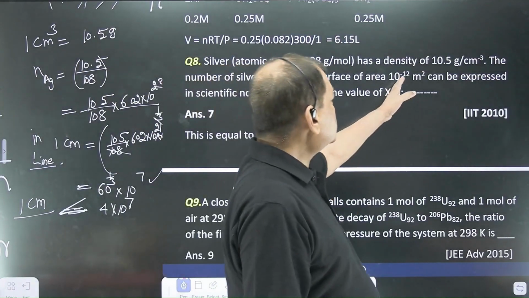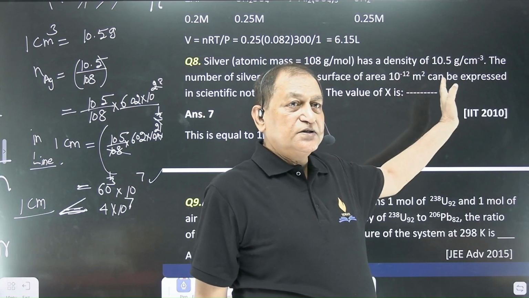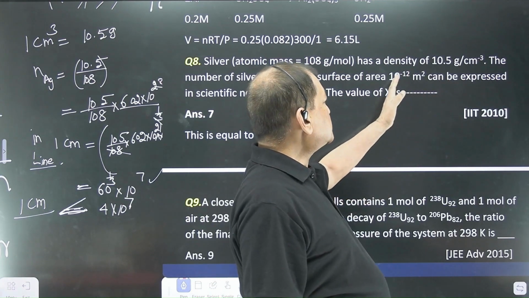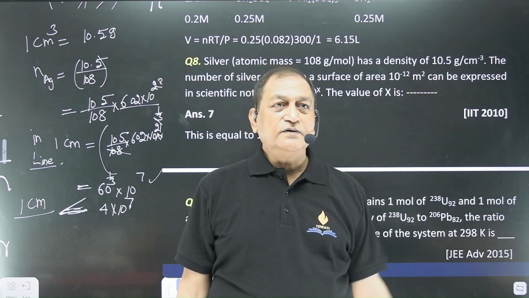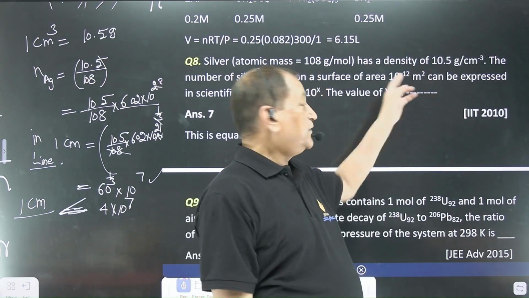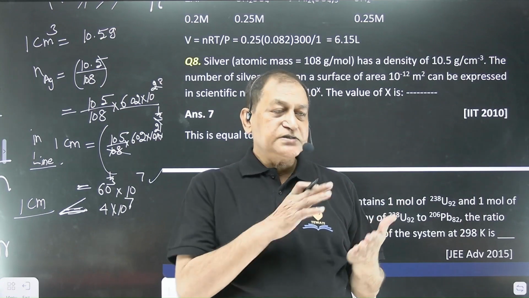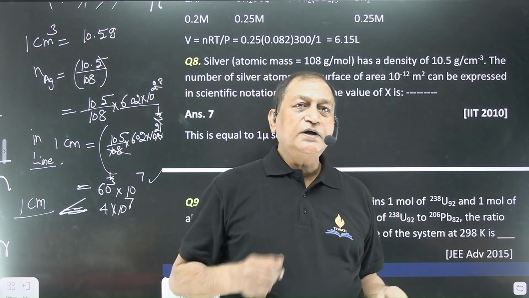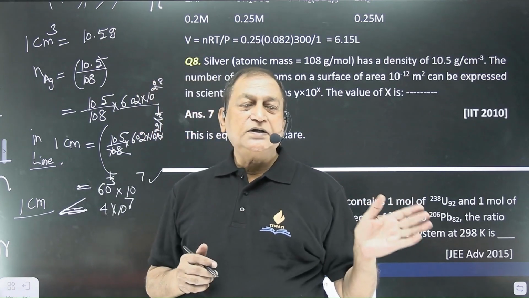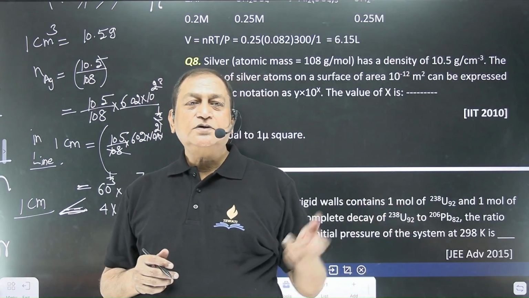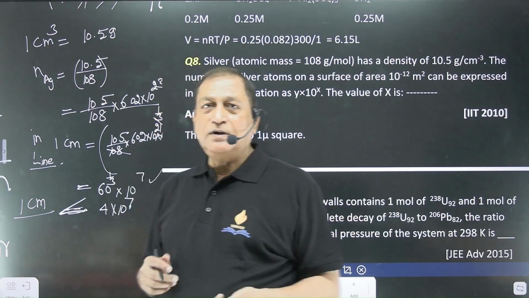This is 10 raised to power minus 12 meter square. That means 10 raised to power minus 6 meter is one side of this square. 10 raised to power minus 6 meter means, in 1 meter there are 1000 mm, in 1 mm there are 1000 micron. So this means 1 micron.